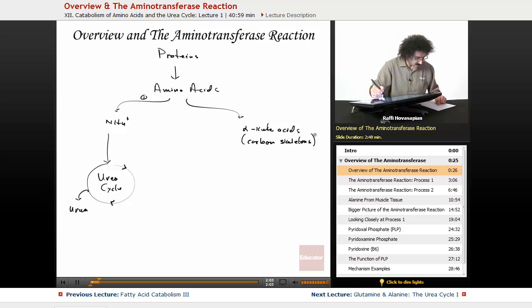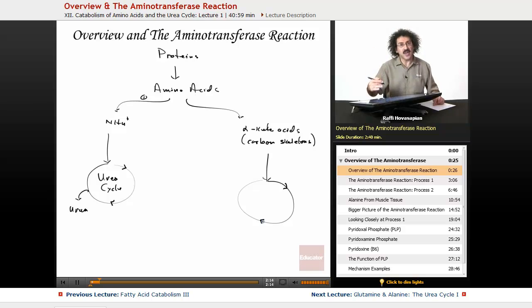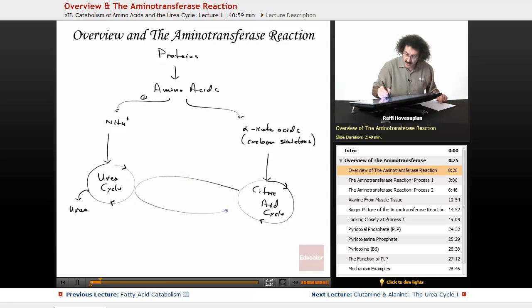At this point, those are going to enter the citric acid cycle, which we have already discussed, and between them there is something called the aspartate argininosuccinate shunt. So there is a connection.